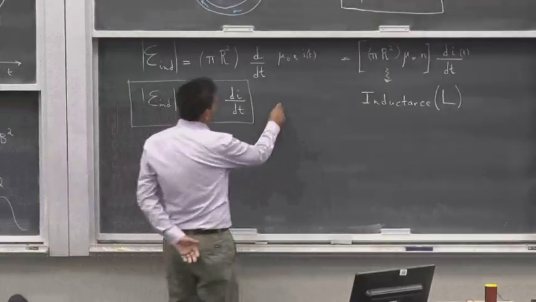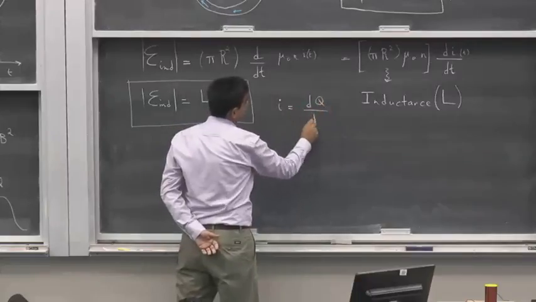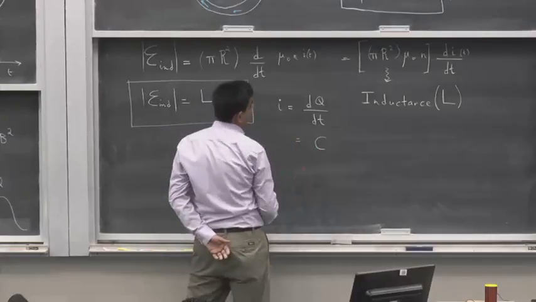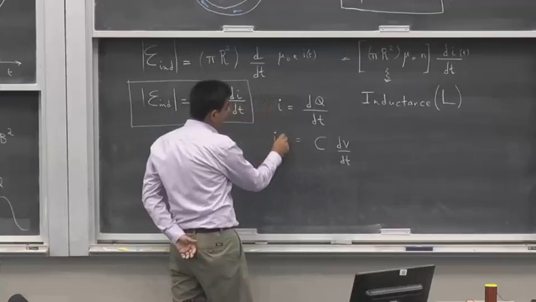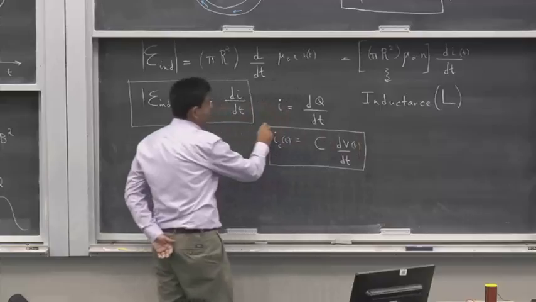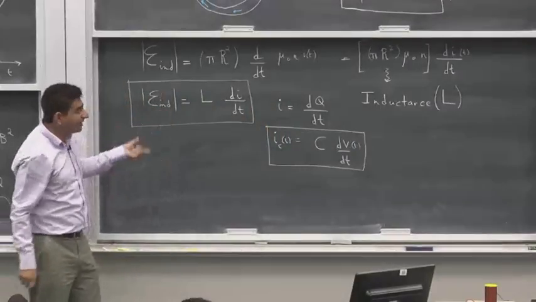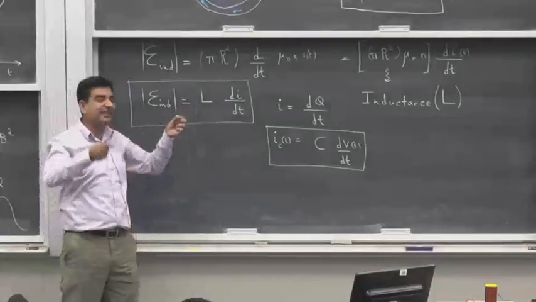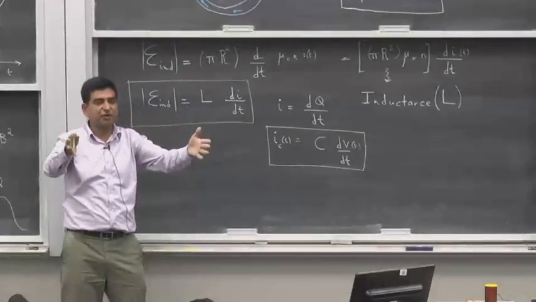The current through a capacitor I is given by dq by dt, but Q is given by C V, so I equals C dV by dt. This is the current through a capacitor, and this is the voltage across the capacitor. This is the potential drop across an inductor. The potential drop across an inductor is given by the inductance of that inductor multiplied by the time rate of change of the current.